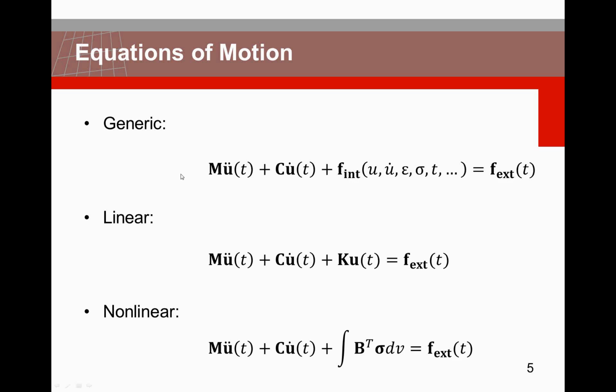When we go from the generic part to the linear form, then these internal forces can be written as K, which is the stiffness matrix, times a displacement field u at a certain time. While in case of a nonlinear analysis, these internal forces are the integral over B transpose times sigma, the stress tensor, over the volume.